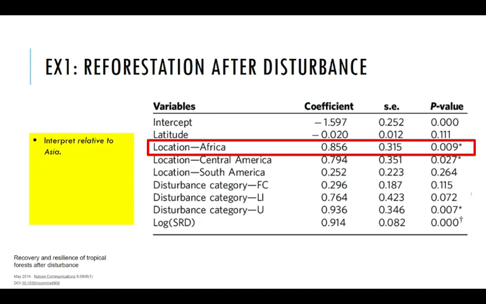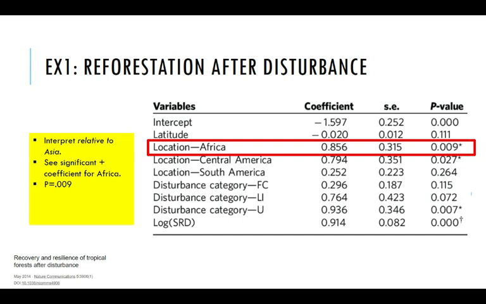Remember that because Asia's our omitted category, we're going to interpret relative to Asia. So let's look at Africa here for a second. Do you agree that we see a significant positive coefficient for Africa? So take a second and make sure you agree with that statement. So the coefficient is 0.856, right? It's positive. And remember, we've got a p-value of 0.009.